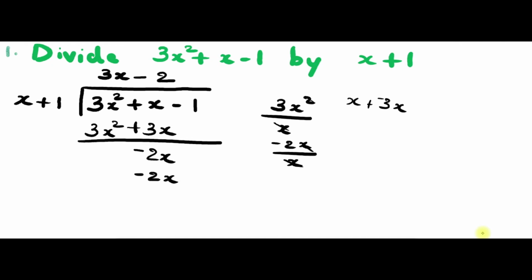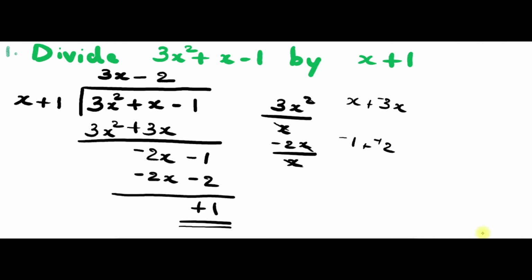I am bringing this minus 1 here. Minus 2 multiplied by 1 will give you minus 2. Minus 2x minus minus 2x is 0. Minus 1 minus minus 2 is plus 1. So I got the remainder as 1.